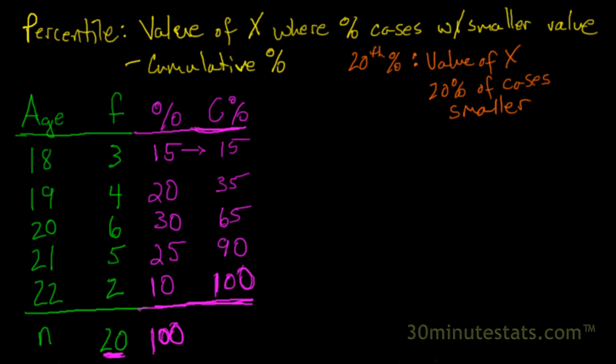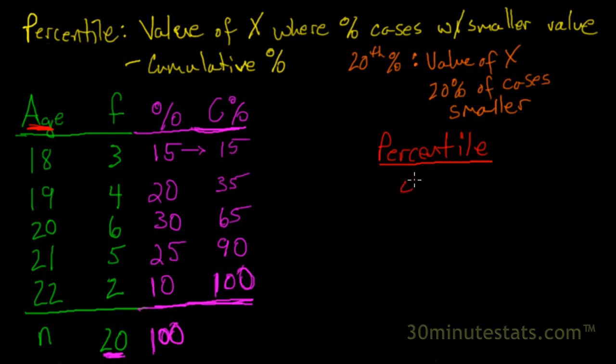Well, how is this going to help us to find percentiles or to determine the value of age in our sample at specific percentiles? Well, we can use the cumulative percentage column to find the specific value of x, or age, for specific percentages.